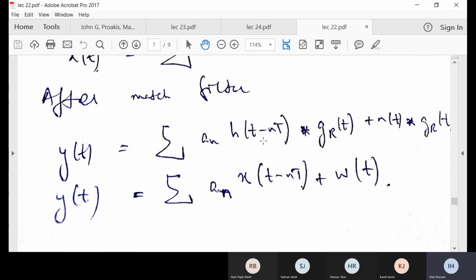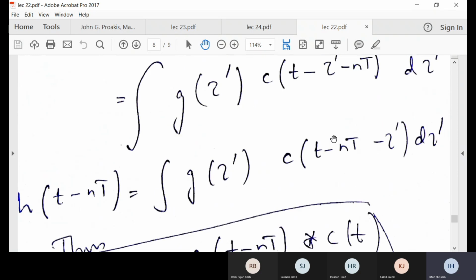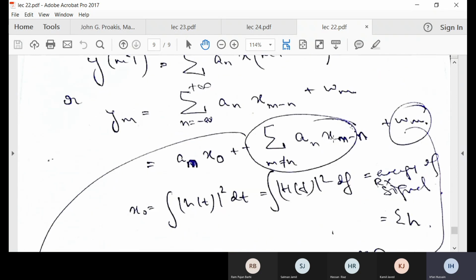In chapter 8, the signal orthonormal basis was directly coming to the receiver. Here, the signal is first of all convolved with the channel. It has now become h, and then at the receiver it is convolved with the match filter. We also saw what should be the value of the match filter, that was also discussed.